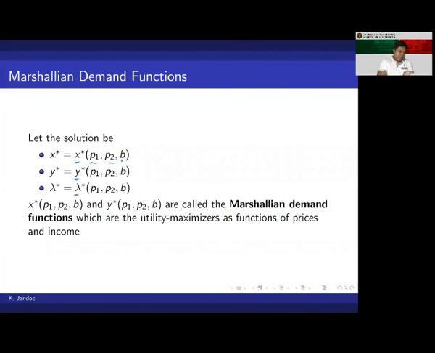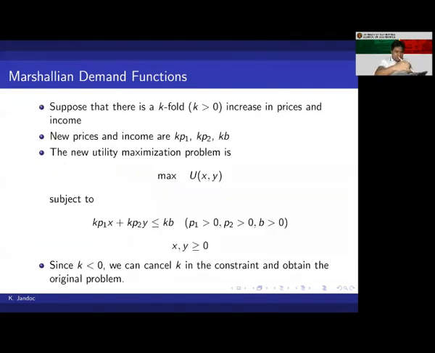Now, those functions, x star, a function of p1, p2, and b, and y star, a function of p1, p2, and b, or of the prices and income, are called Marshallian demand functions. So those utility maximizers, x star and y star, are also functions of prices and income. We'll show an example later. But just remember that when prices and income change, the optimal values of x star and y star will also change.